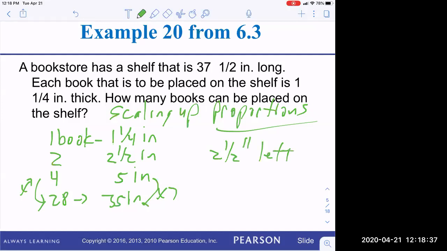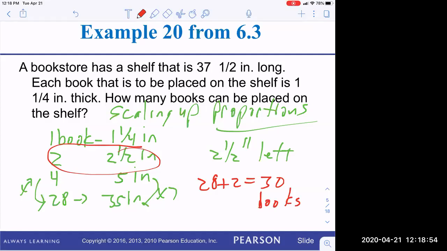But what do I know about that? 2 1/2 inches gives me 2 books. So 28 plus 2 is 30 books will fit on my shelf. So that's using one method of proportions, which is scaling up. And I'll do that again later.